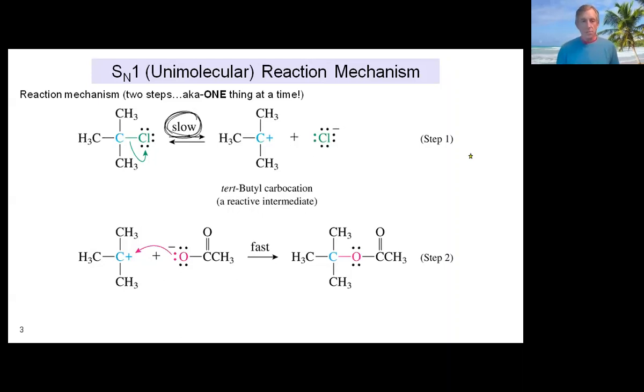I could use the protonated form of this acetate, the acetic acid form. It would still work. Because this three-bonded carbon is very worried, it says, please give me a fourth bond, so it immediately reacts and creates this final product here. Keep in mind, this second step will happen so fast, it doesn't matter what nucleophile it is; it has to have just the slow step.